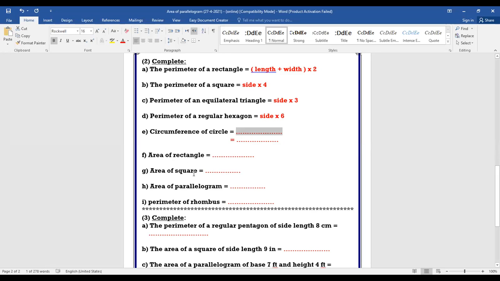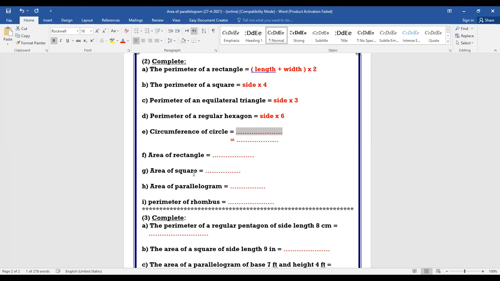The formula is pi multiplied by the number, or 3.14. What does this number represent?